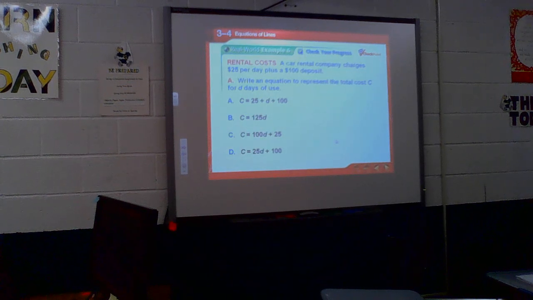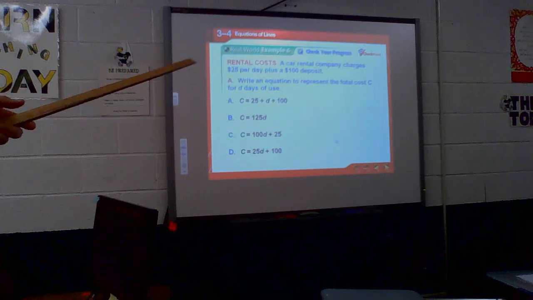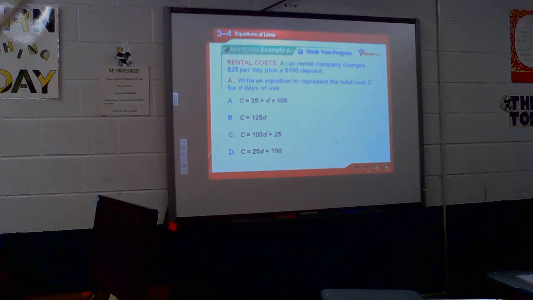So essentially, I'm going to think about this equation right here, y equals mx plus b. What part of y equals mx plus b would be my $100? The y-intercept, the b part, right? It's always going to happen. So when it says write an equation to represent the total cost of C for the D days' use, what is my D really?